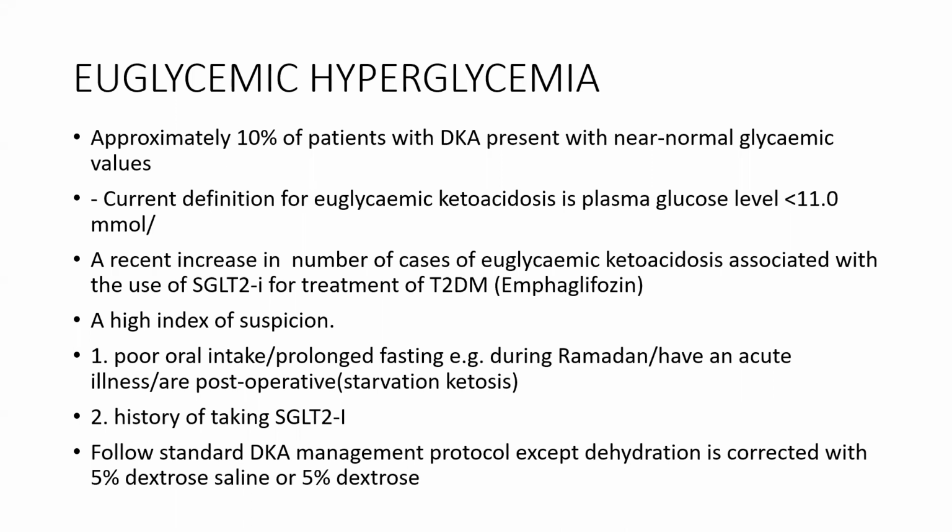So we need to have a high index of suspicion when the patient gives you a history like he's taking this certain medication, and also has poor oral intake, has prolonged fasting, or is post-operative, whereby starvation ketosis comes into play. So how to manage this patient is we follow the standard DKA management protocol, except the dehydration is corrected with 5% dextrose saline or 5% dextrose.